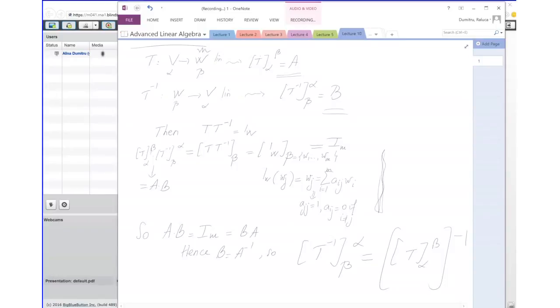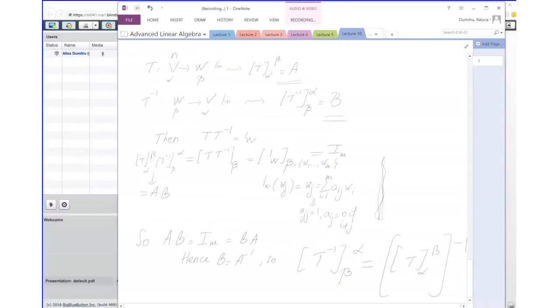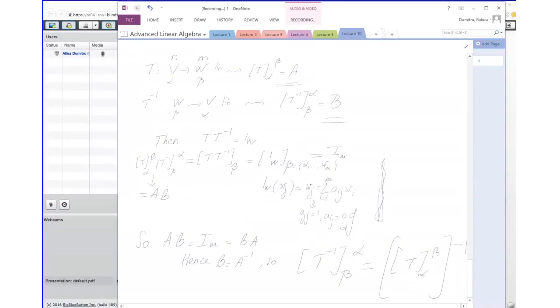Because if the dimension of V is N, what size would A have? A would be M by N, right? Can an M by N matrix be invertible? No way.